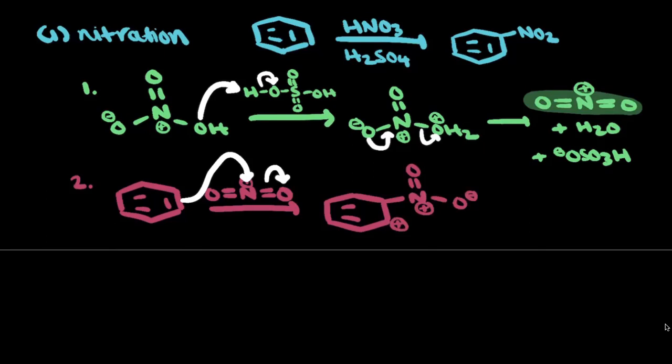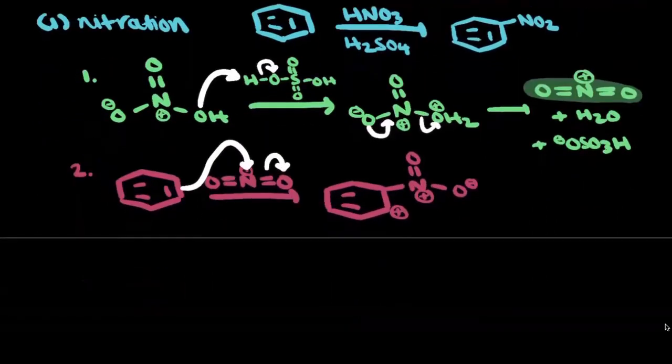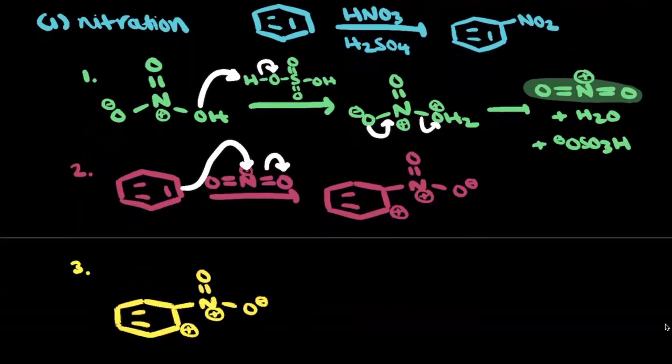The third step, as I wrote up here, is going to be to use your leftover base to restore aromaticity and quench your byproducts. So we can do that by taking this intermediate that we just formed. Okay, there's a proton lying around over here.